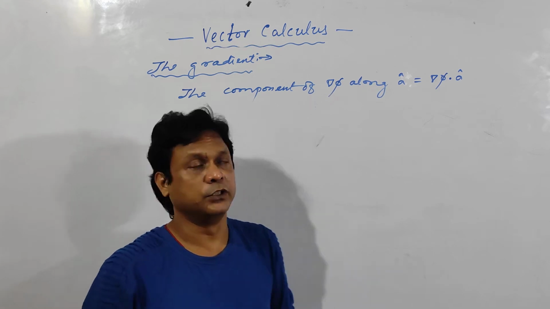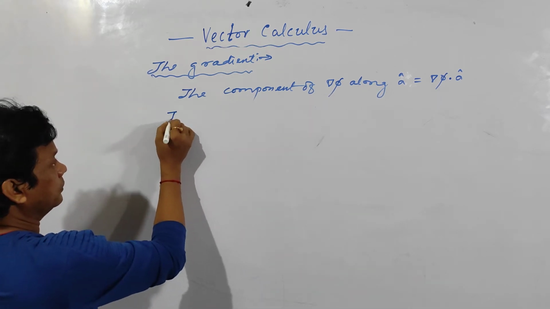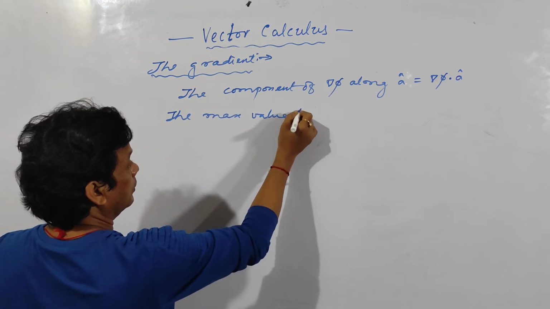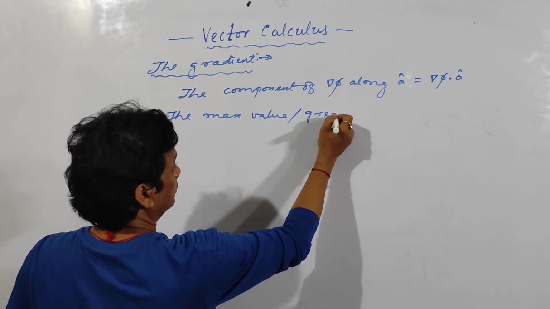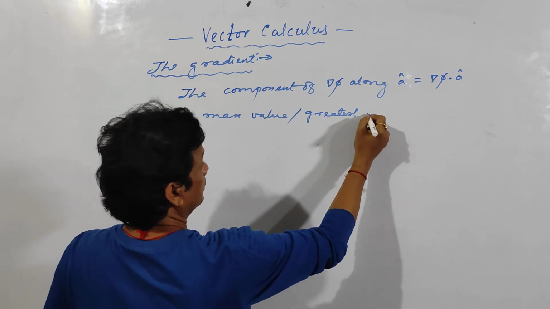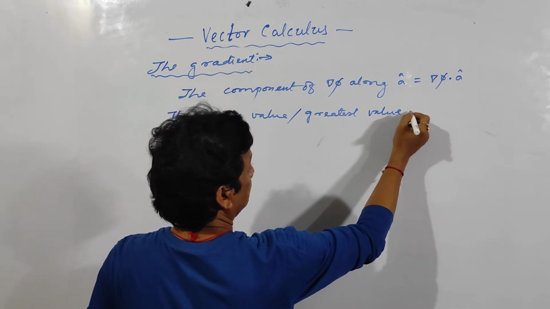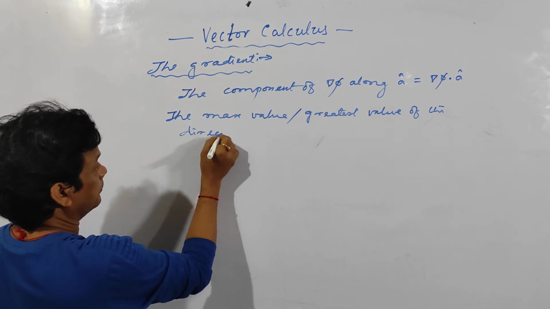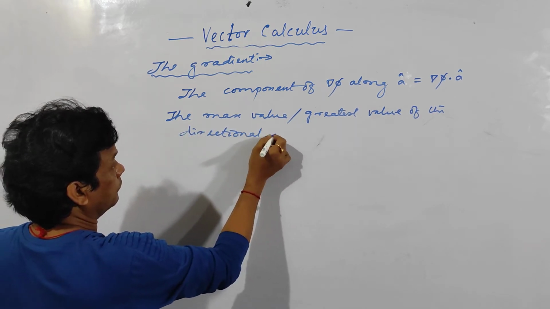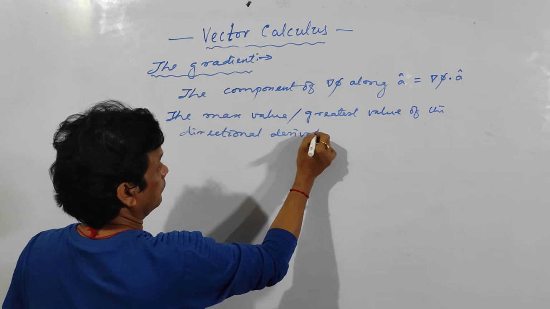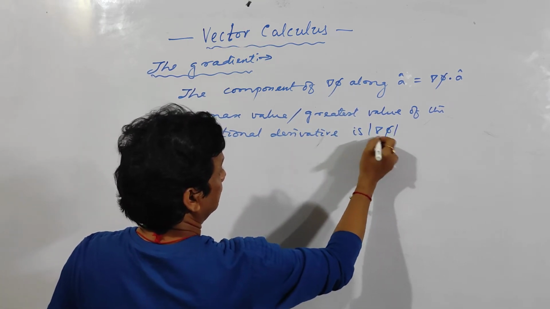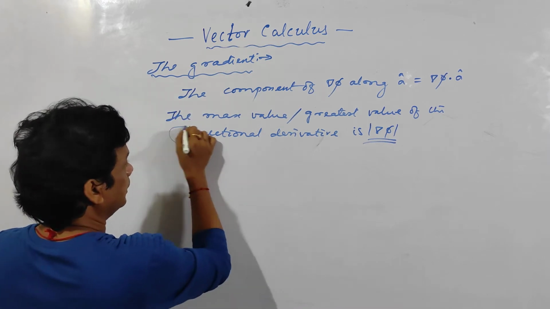So the maximum value or the greatest value of the directional derivative is mod of grad phi, and the directional derivative is rate of change.